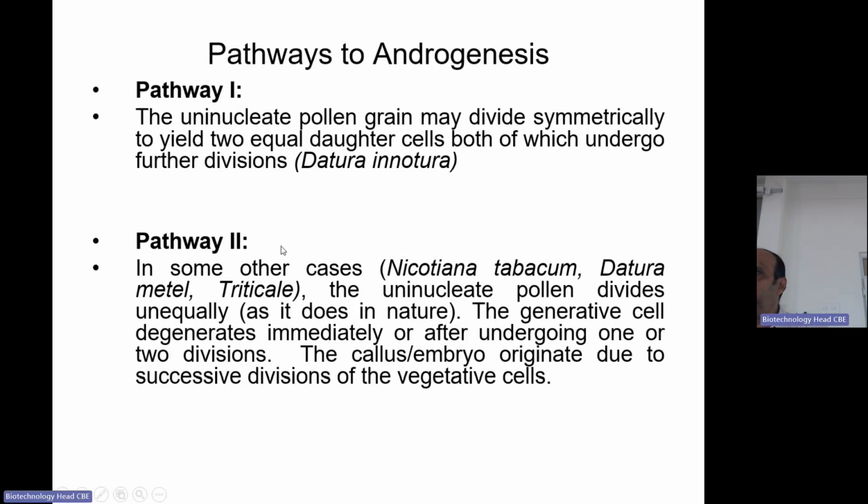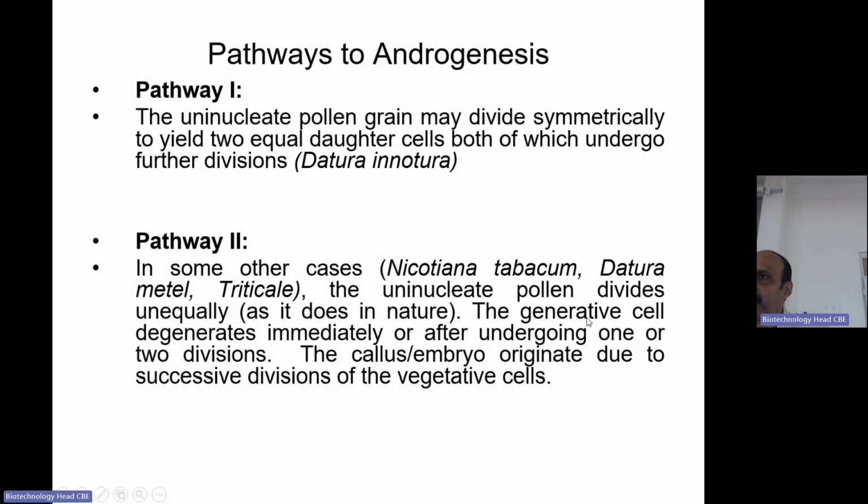Or pathway 2. In some other cases, like in Nicotiana, the uninucleate pollen divides unequally into a vegetative and a generative cell. The generative cell immediately degenerates, or after undergoing 1 or 2 divisions, and the callus or embryo originates due to the successive divisions of the vegetative cell.